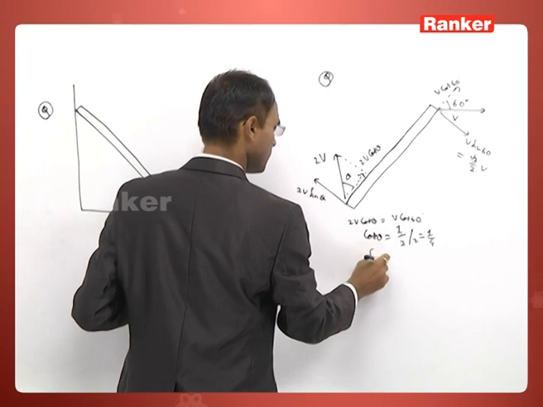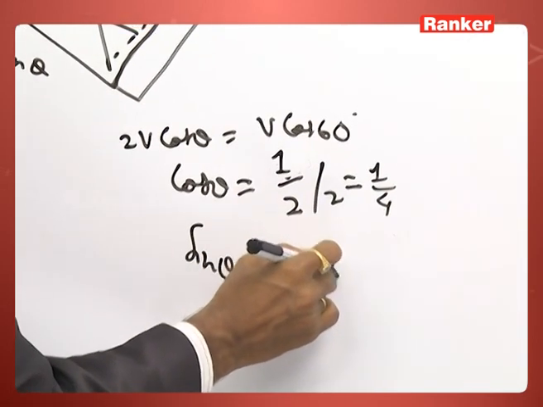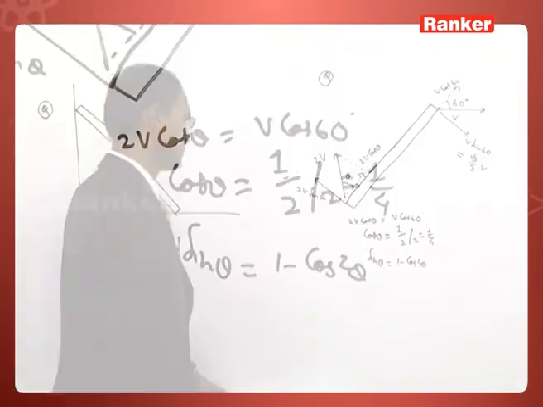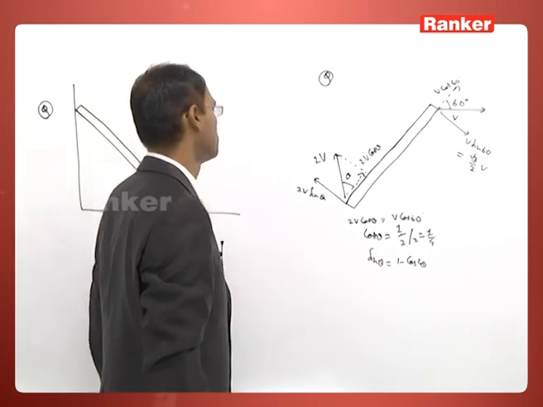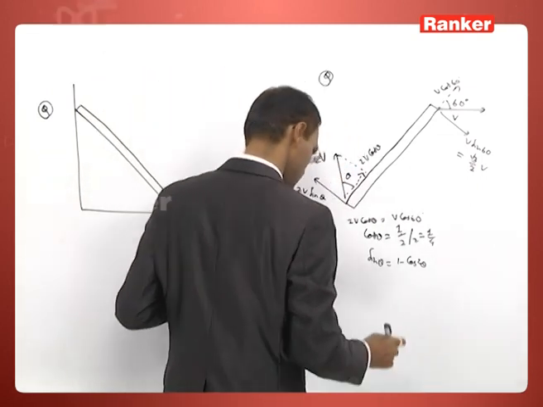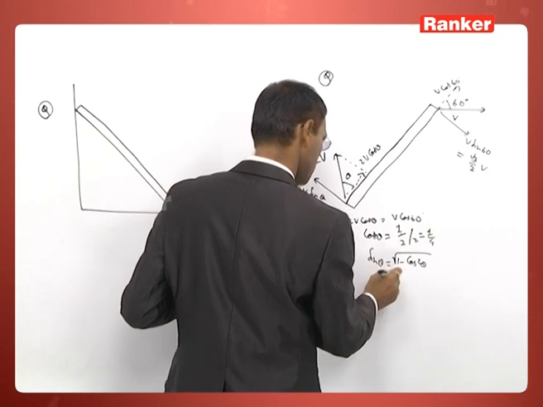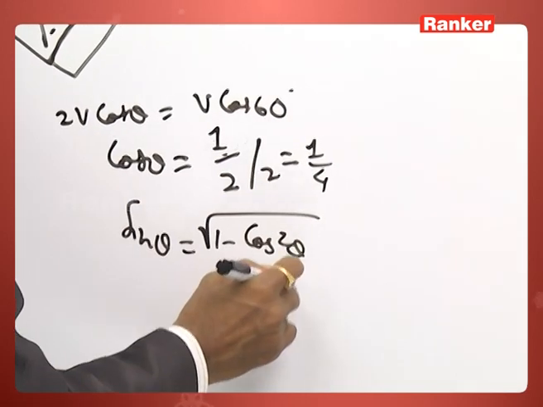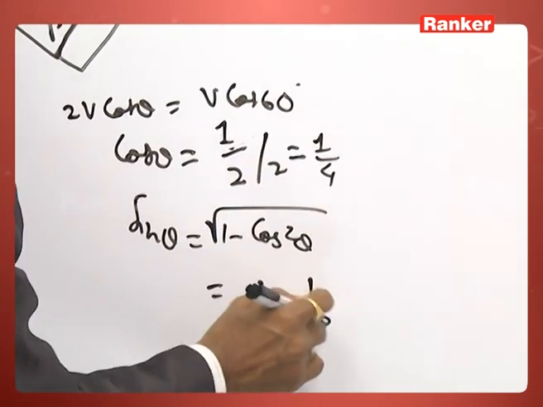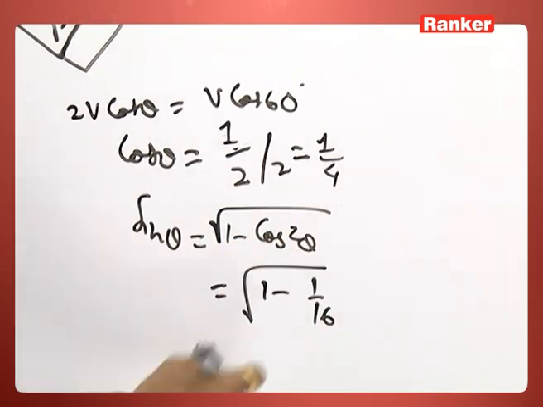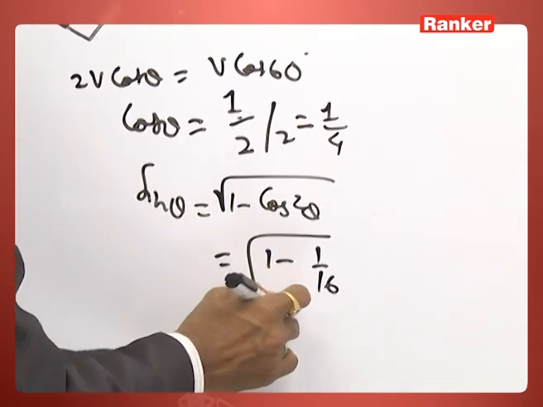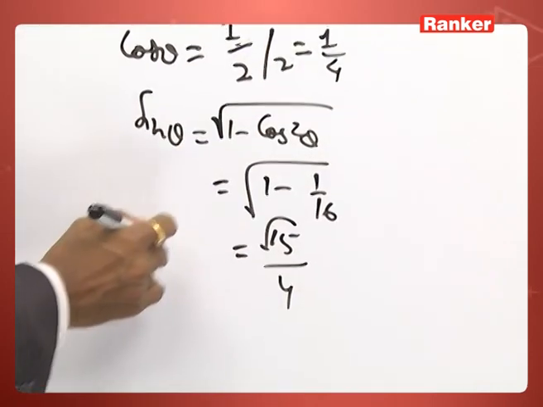Sin theta is equal to square root of 1 minus cos square theta. Cos theta is 1 by 4, so it will be 1 by 16. 1 minus 1 by 16 square root is equal to root 15 by 4. That is sin theta.